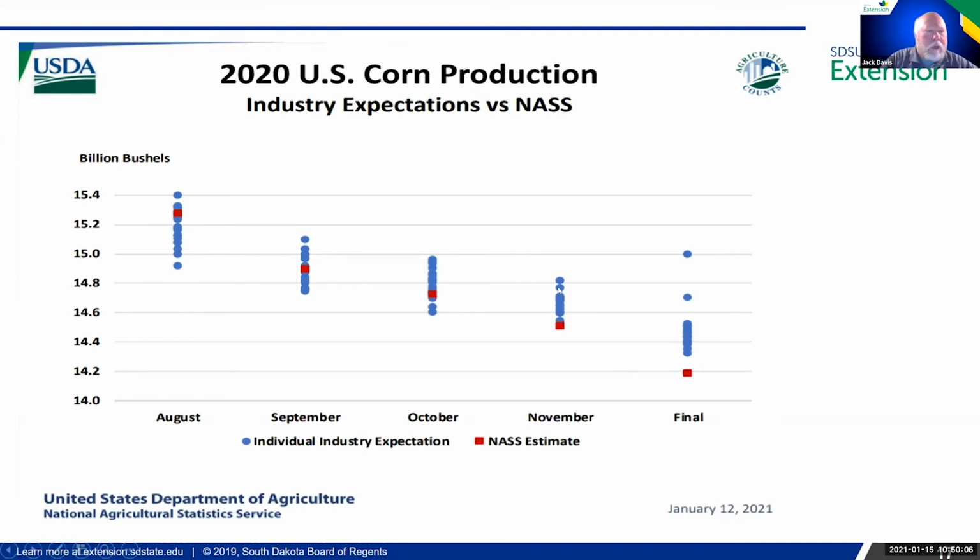So the industry was expecting, these are individual industry expectations in here. There's about 12 or 14 of those. And so they were all above what the USDA came out with in these last few reports. So therefore the market reaction to the reports following it.